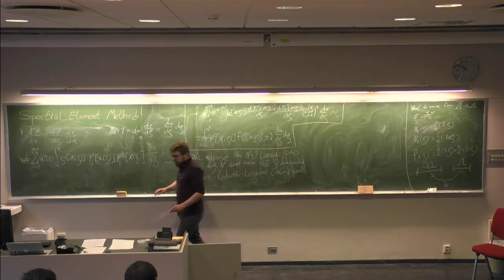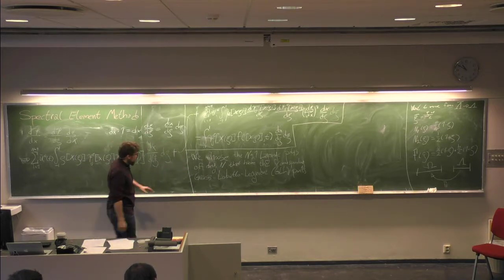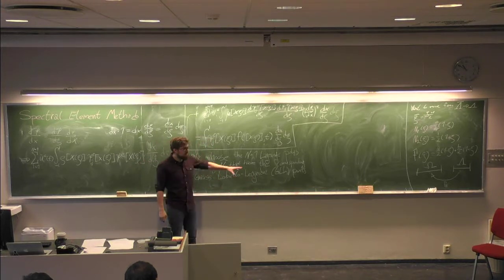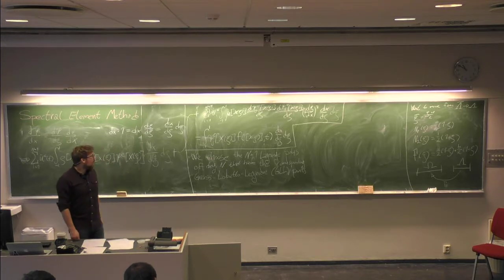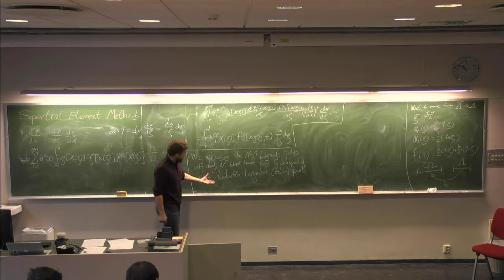So we haven't had these before. We only had the Gauss-Legendre points. The Gauss-Lobatto-Legendre points are slightly different. Why do we have them? It's basically just we've decided to have them. Or actually, it's been proven, they've shown that they are the best points.